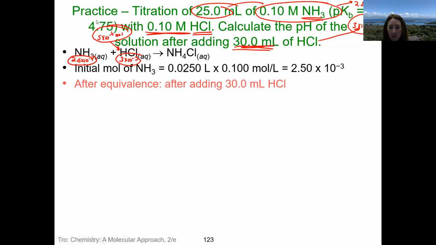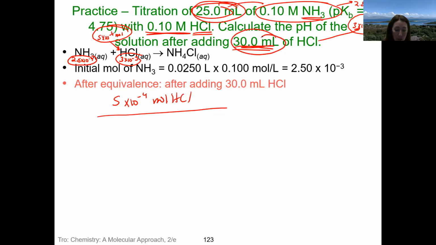But remember, we have to figure out our molarity, right? So if we do a moles table, this is like my moles table, but I always do it in my equations. So we have 5 times 10 to the negative 4 moles of HCl over our volume. Remember, our volume is both the volumes, 25 plus 30 milliliters.